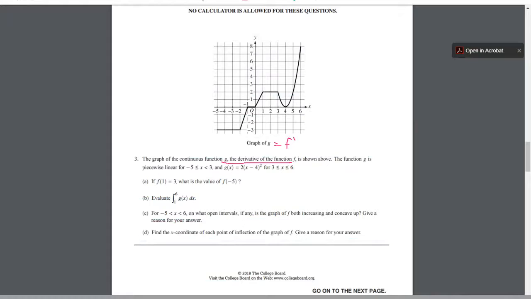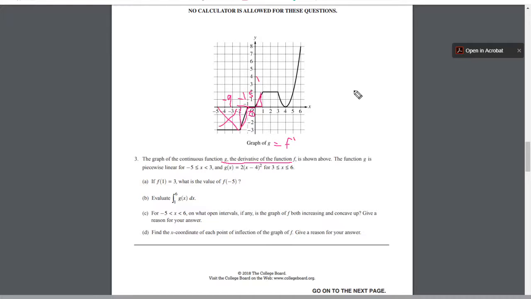Here we've got -9. Here we've got -1.5. Here we've got 0. And here we've got 1.